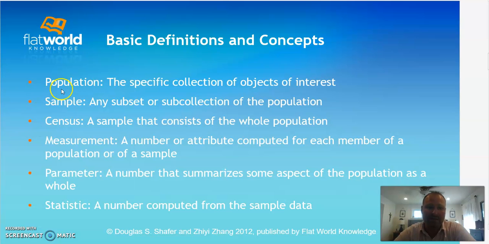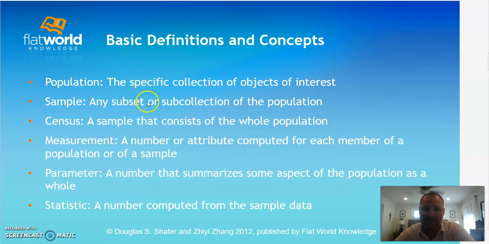Okay, some basic definitions here for you to understand. Population: a specific collection of objects of interest. If we're talking about the coronavirus or those people that were infected with COVID-19, our larger population might be the United States of America. We are focusing on that, okay?